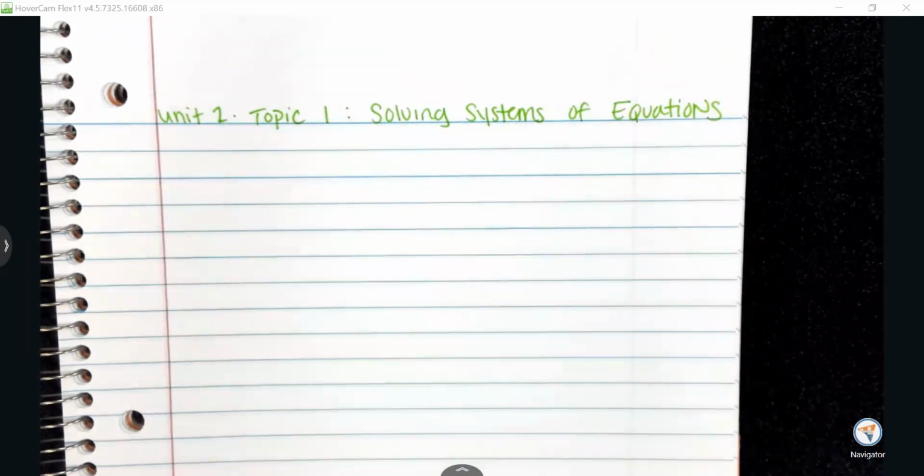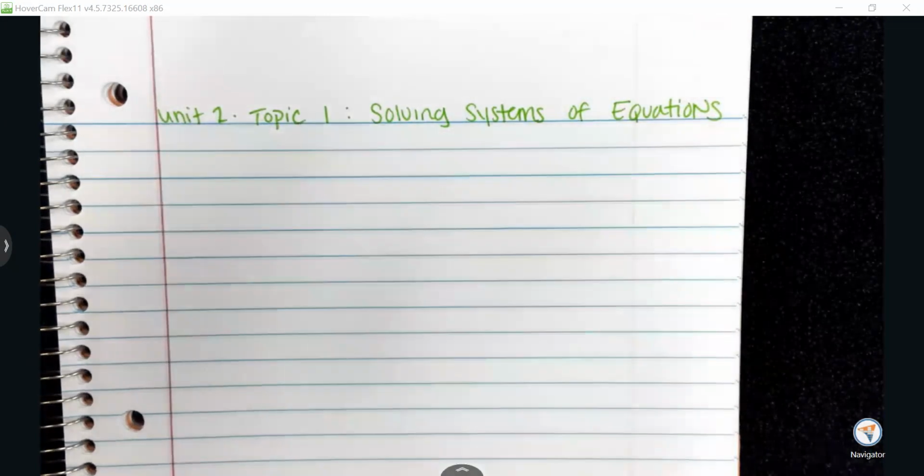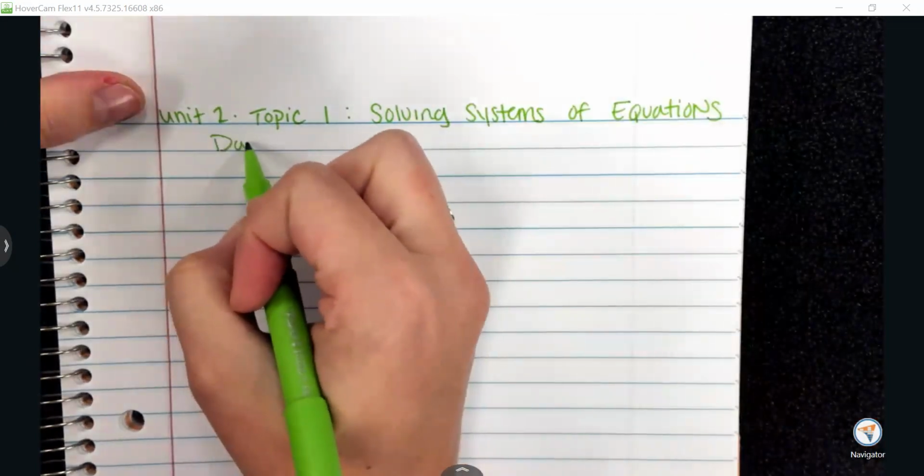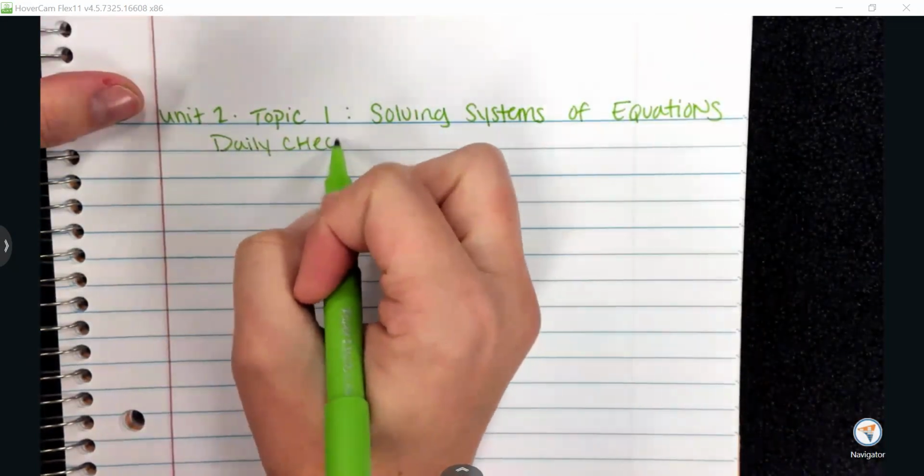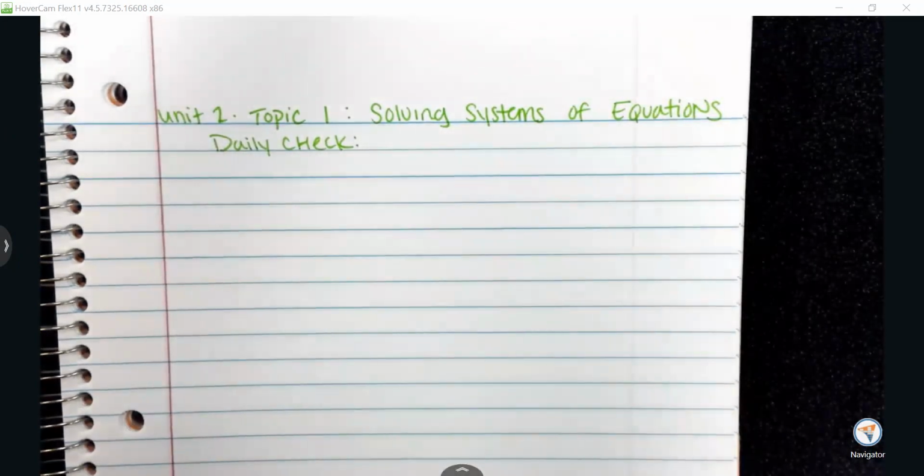So unit 2, topic 1, solving systems of equations. This unit, we will not have a quiz. You will have what will be called a daily check, and they will be averaged together for your quiz grades. So how does a daily check work? You're going to learn something today. You are going to go home and practice it.